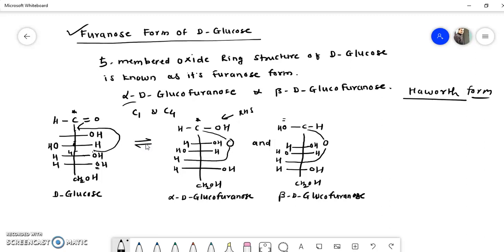The groups which are on the left hand side, you have to draw above the plane of the Haworth form. First of all, I will draw a five-membered oxide ring here. This is for alpha, and the second ring I will draw for beta. Here I will draw the groups as well.